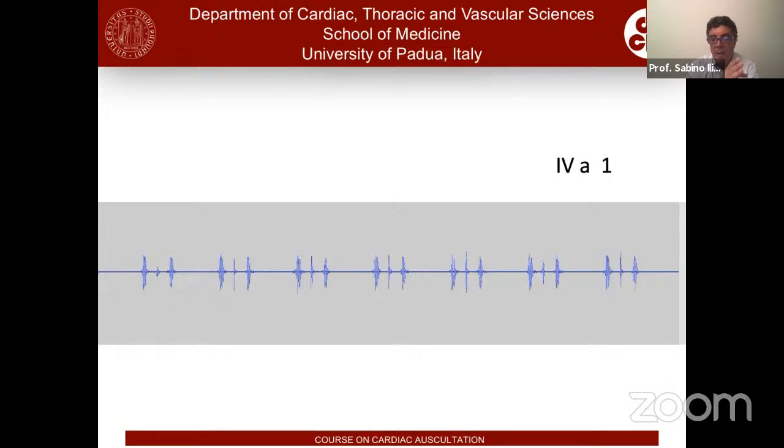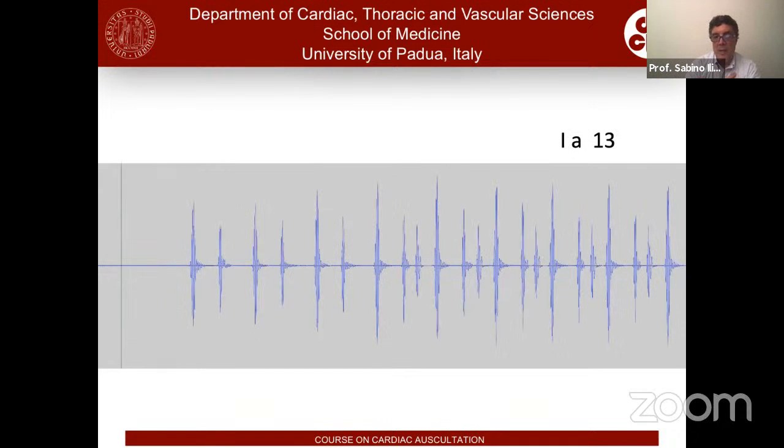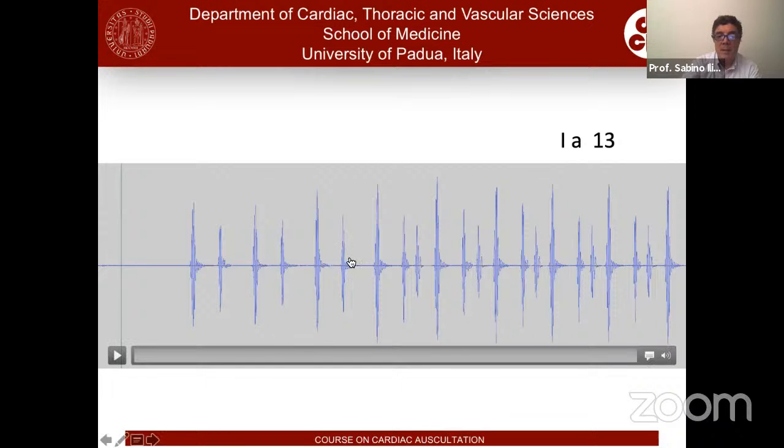first sound and second sound. So let's move now to the third sound. Here is an example of third sound with 3 normal beats, and then the third sound will appear. So we have first, second, first, second, first, second, first, second, third, first, second, third.